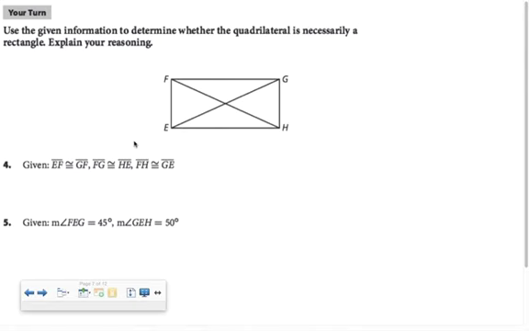So now we're using the given information to determine whether we can guarantee that this is a rectangle. So we're told that EF is congruent to GF, and that FG is congruent to HE, and that FH is congruent to GE.